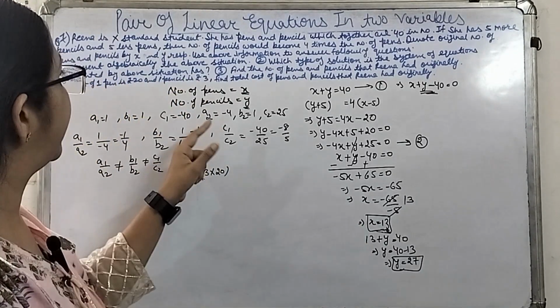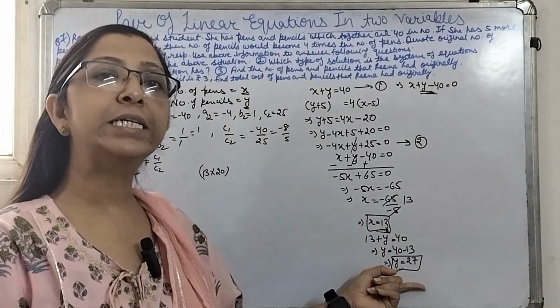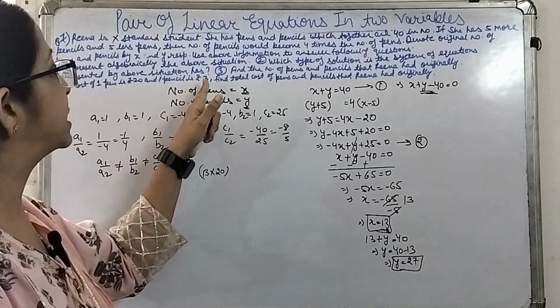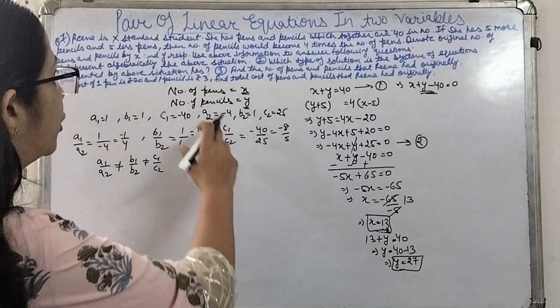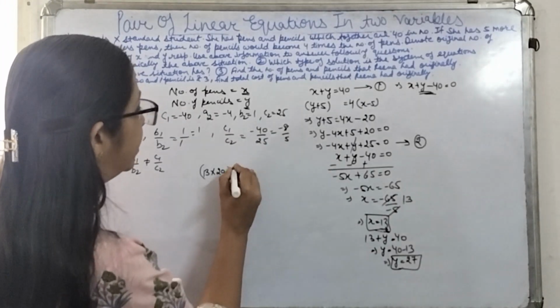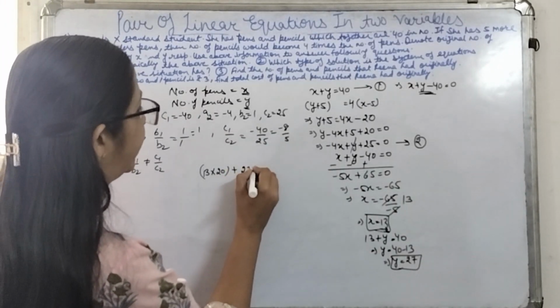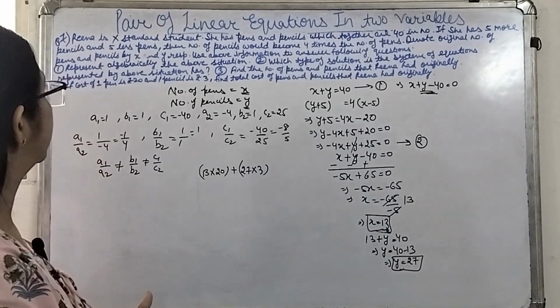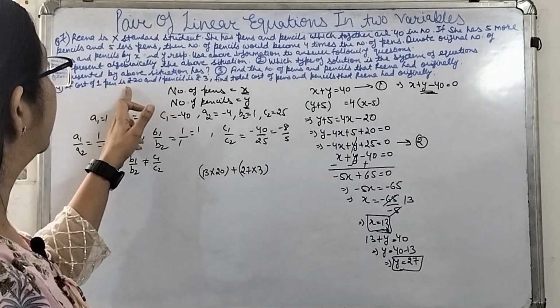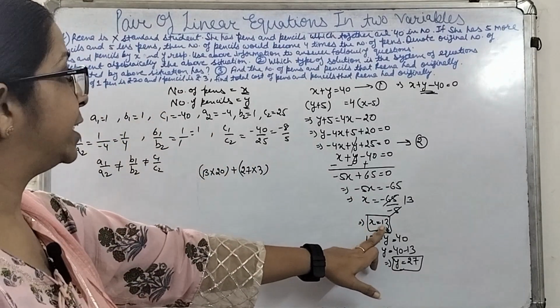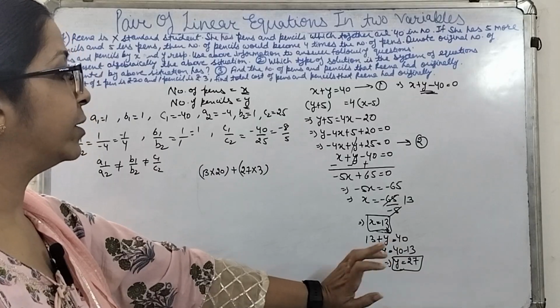Now the total number of pencils she had was 27 and the cost of one pencil is 3 rupees. So the cost of 27 pencils will be 27 multiplied by 3. So this is the total cost of 13 pens and 27 pencils.